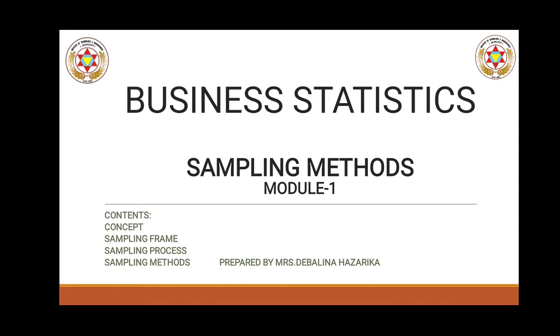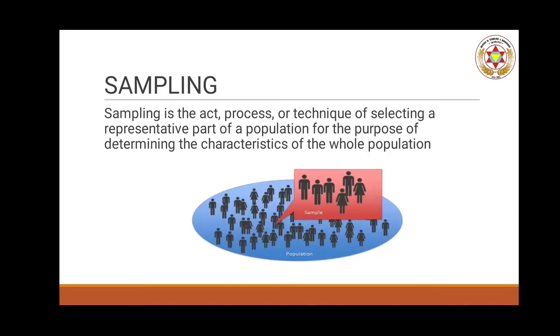So let's start with understanding the concept of sampling. Since in most research studies it is very difficult to characterize the whole population, in order to best analyze the result, a sample is taken from the population which best describes the characteristics of the population.